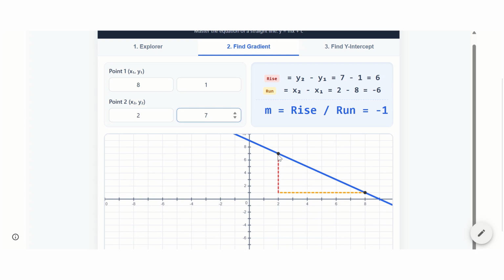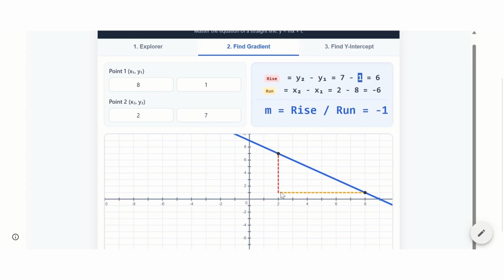So let's look at your rise. The rise is the one highlighted in red. Can you see? How many units are there? 1, 2, 3, 4, 5, 6. Or you take the y coordinate of your point 2, which is 7, minus the y coordinate of your point 1. So 7 minus 1 gives you 6. Then let's look at the run.